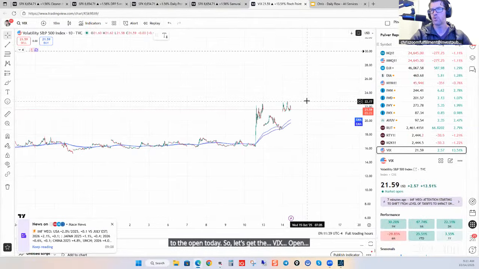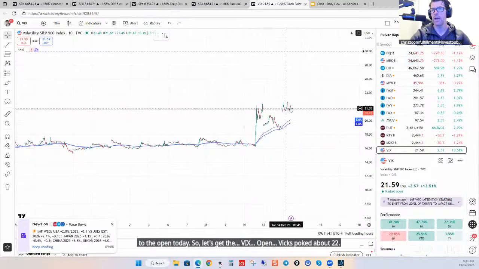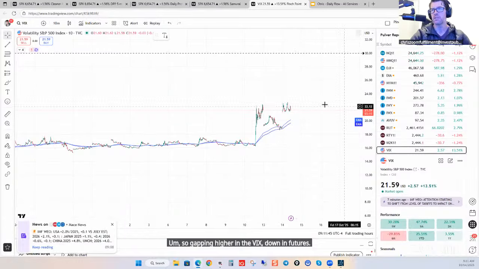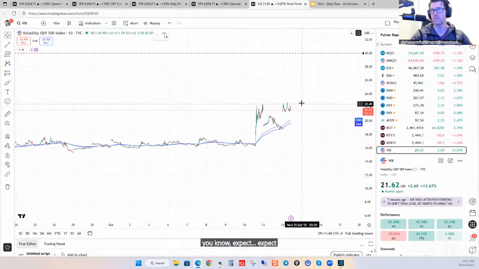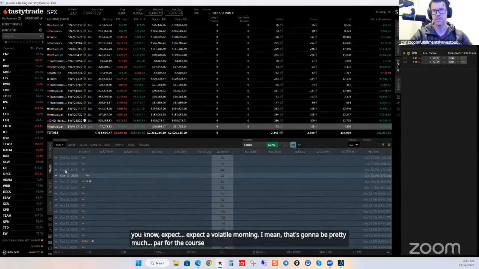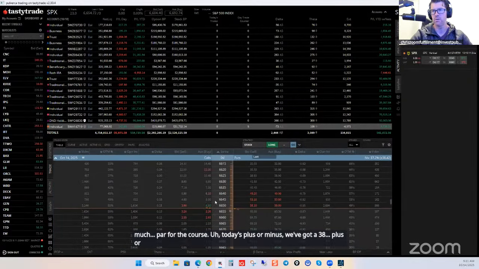VIX poked about 22. So gapping higher in the VIX, down in futures, expect a volatile morning. That's going to be pretty much par for the course. Today's plus or minus, we've got a 38 plus or minus on the day. So certainly a jump. We've got 23 IV rank.